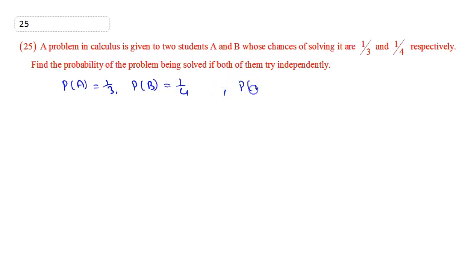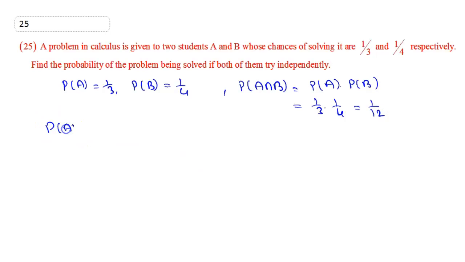That is nothing but P of A intersection B. Right? This is equal to, independent in the sense, P of A into P of B. That is equal to 1 by 3 into 1 by 4, that is equal to 1 by 12.